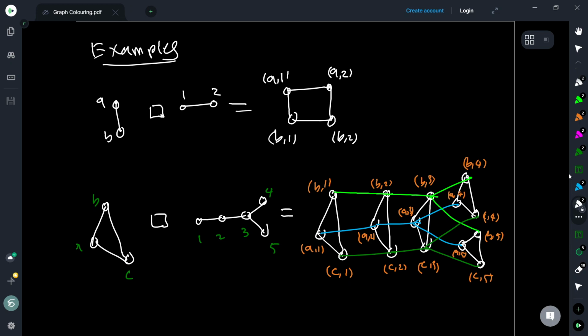Now, another example is the product between this triangle and the tree on the right side, and you can see basically what happens. Another way to look at this product is that you replace every vertex of, let us say, H with a copy of G. So if you look at this product, you see that vertex 1 is replaced with this copy.